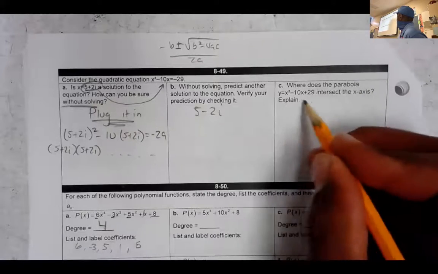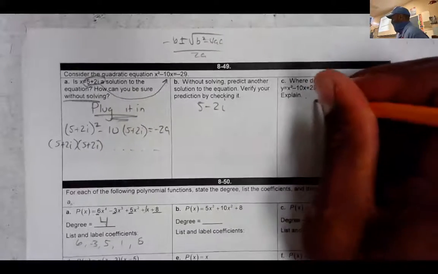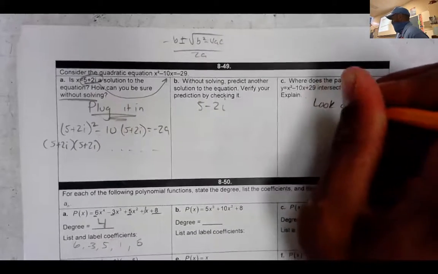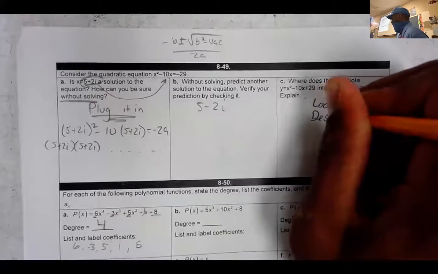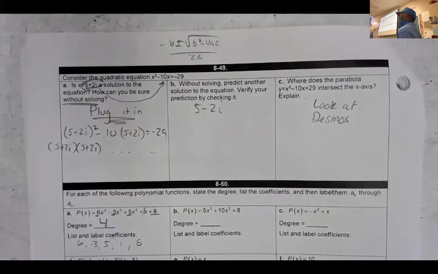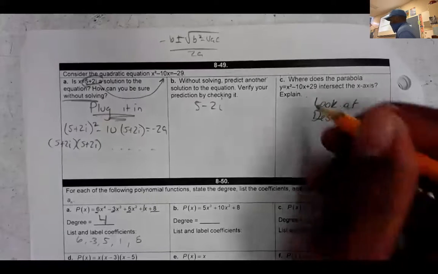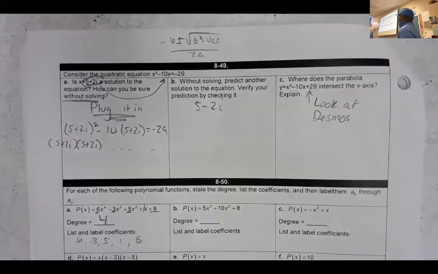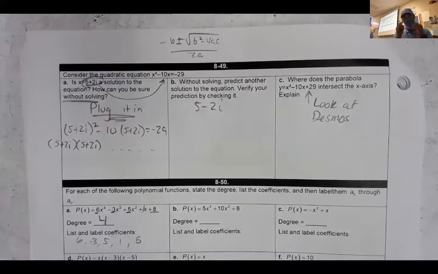Okay. So this one says, where does this parabola intersect the x-axis? I want you to look at Desmos and graph it. Just look at Desmos and use that to kind of help you answer that question. You guys heard me at home.